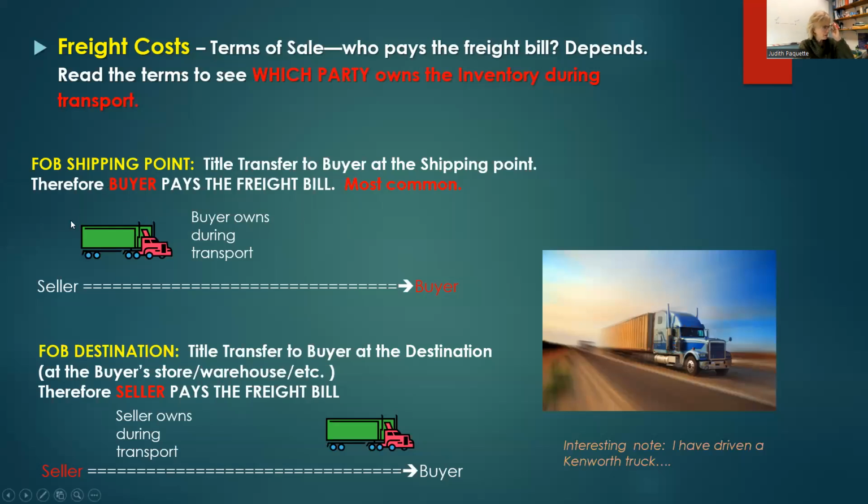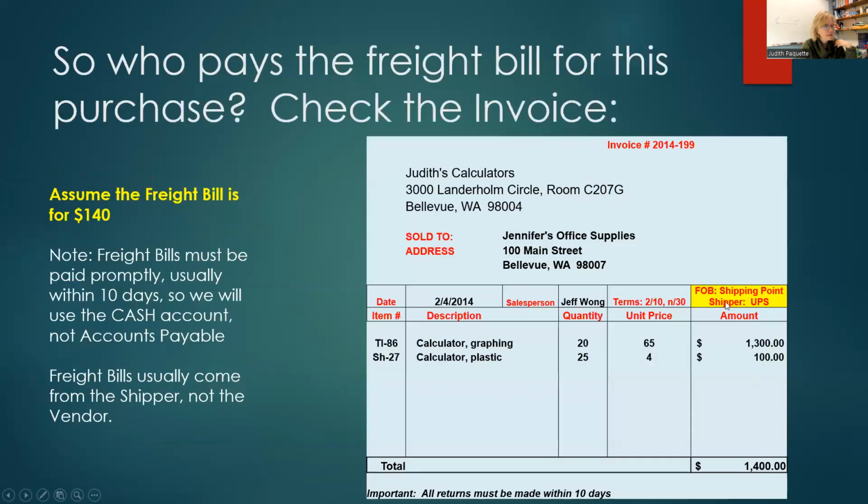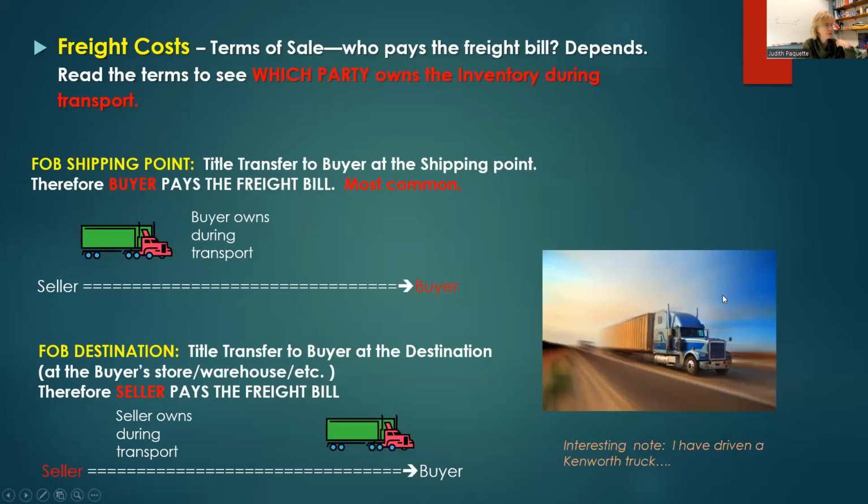So the seller's here, it travels and delivers the inventory to the buyer. Most invoices say FOB shipping point as your shipment terms. And that means, when does ownership transfer to the buyer? The ownership transfers at the shipping point, the buyer owns it. That means the buyer has to pay the freight bill. In real life, it doesn't really matter because the buyer always pays the freight bill.